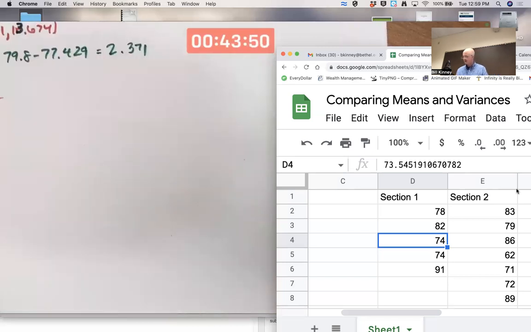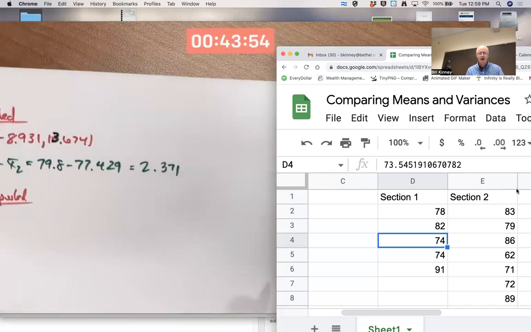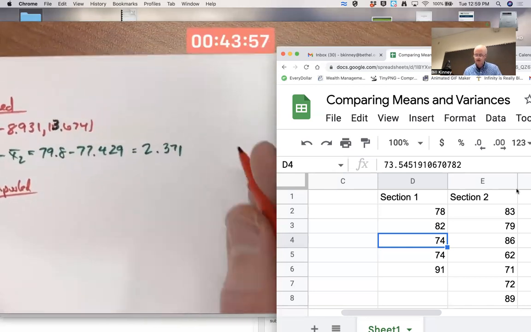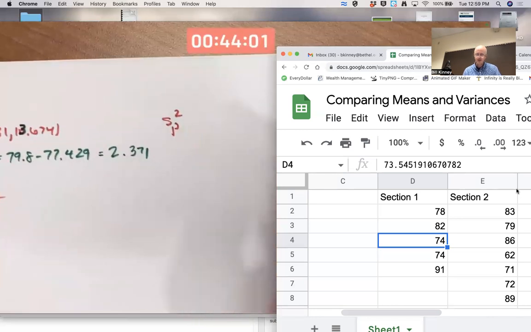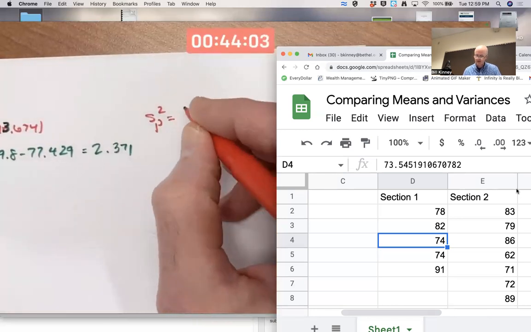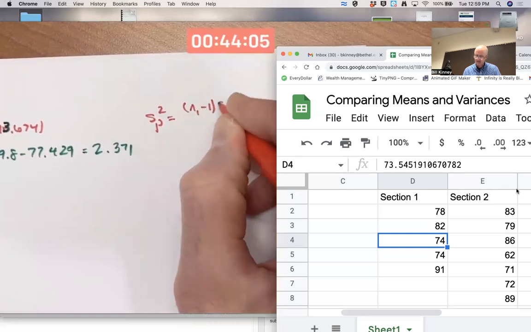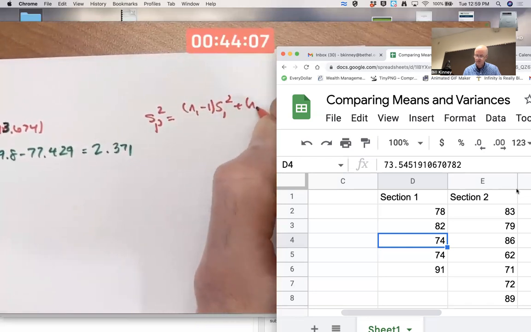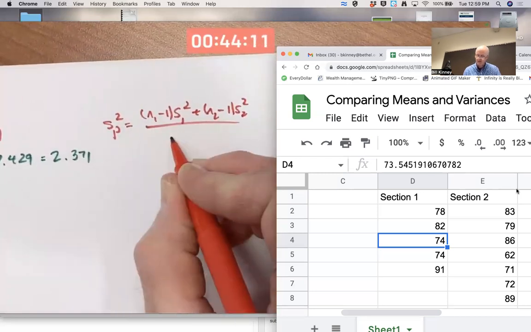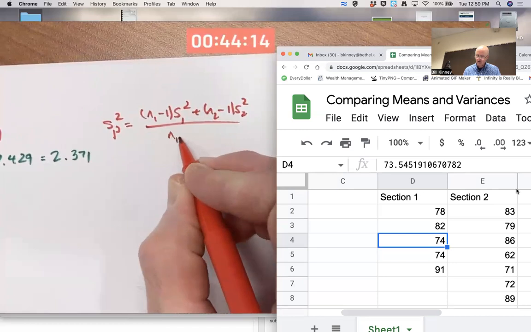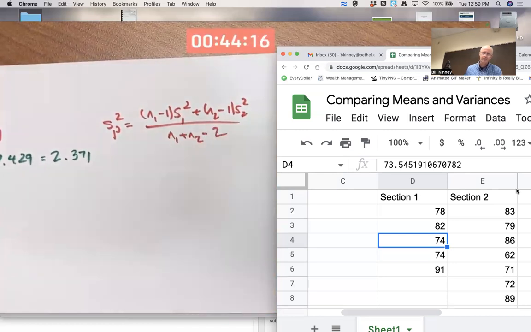But what is the pooled variance? I still haven't written down the unpooled answer here. The pooled variance is a weighted average of the individual variances, but it's a weird weighted average. It's (n1 minus 1) times s1 squared plus (n2 minus 1) times s2 squared, over the sum of those two, n1 plus n2 minus 2.